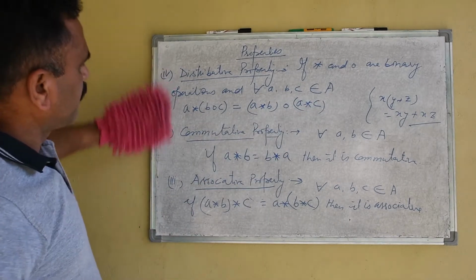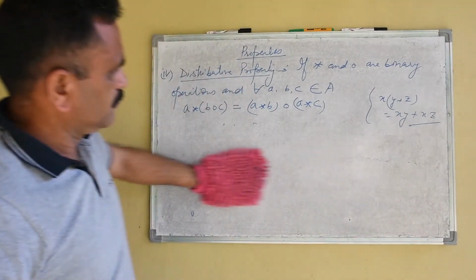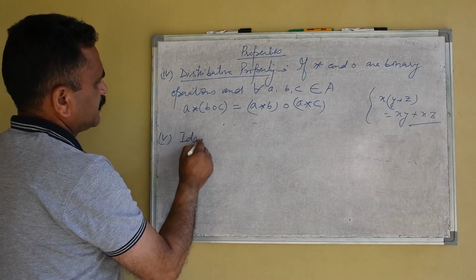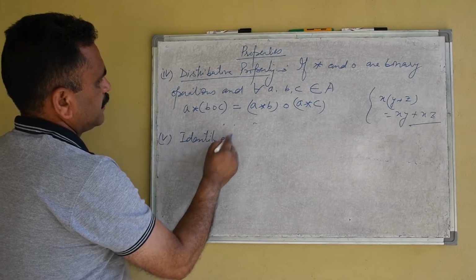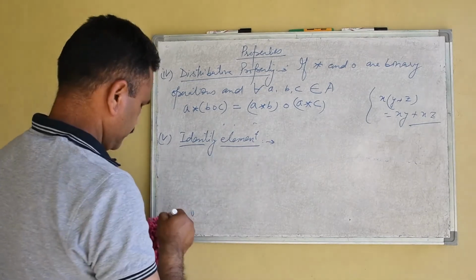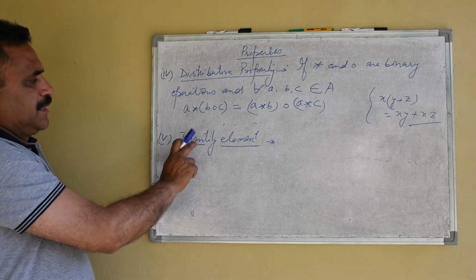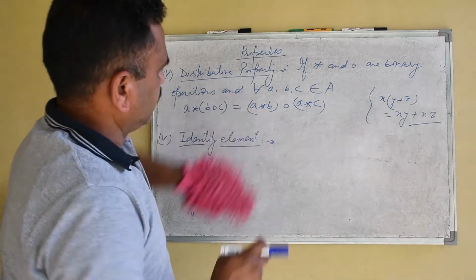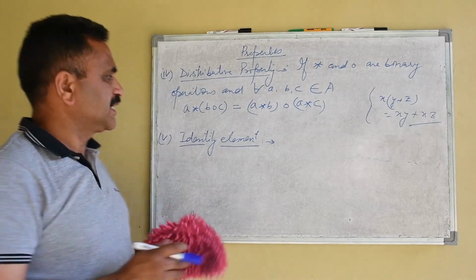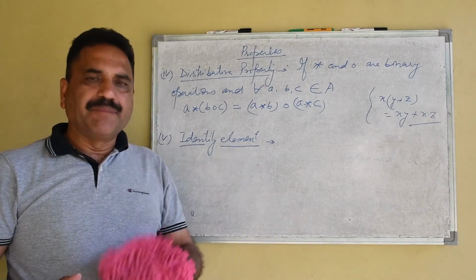So the fifth property is existence of identity element. What is an identity element? It is an element with a unique property that if it is operated with any number, then we will get the same number.